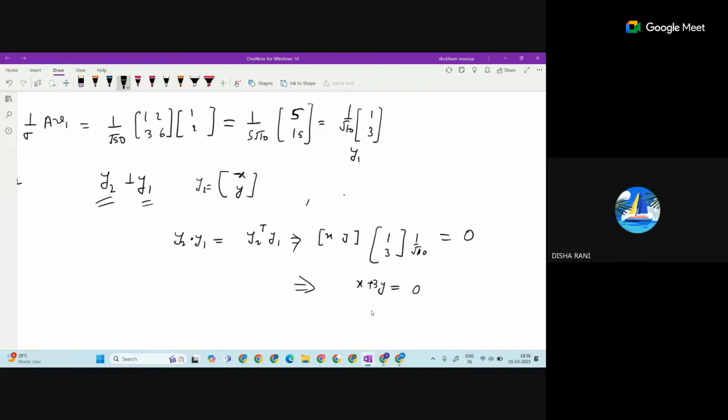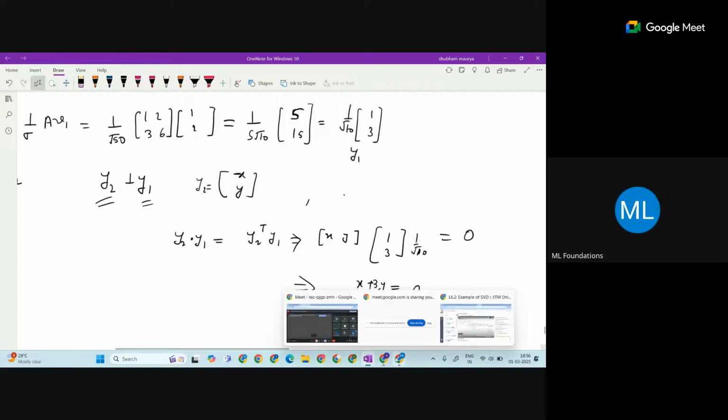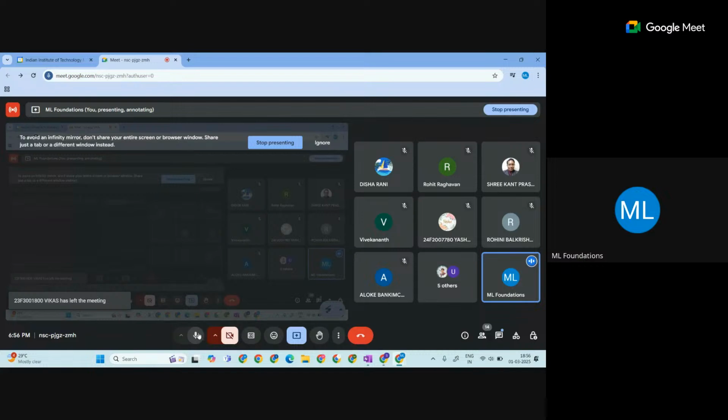Sir, you wrote y2 transpose? Yes, y2 transpose. Is it wrong? No, this is not wrong.